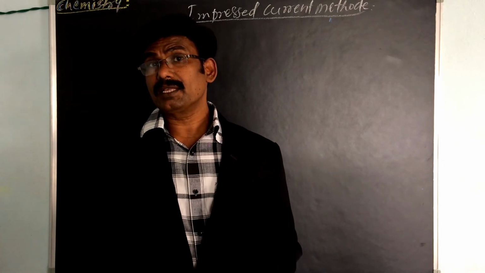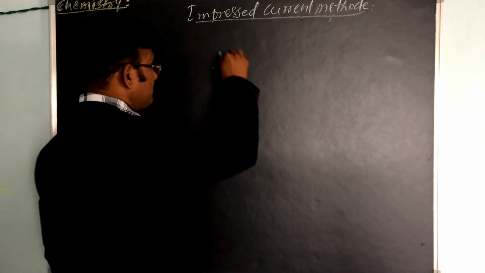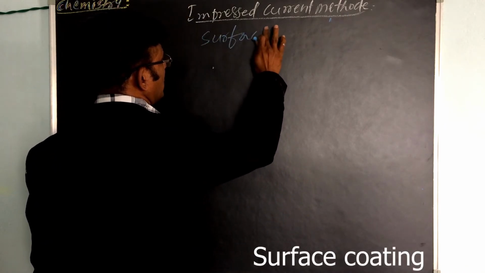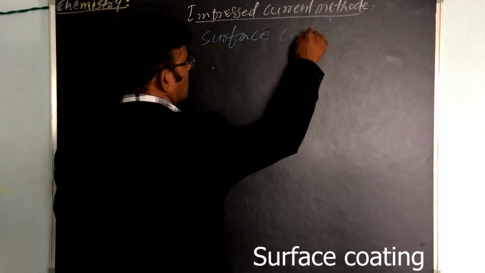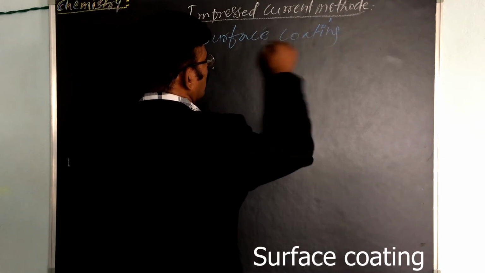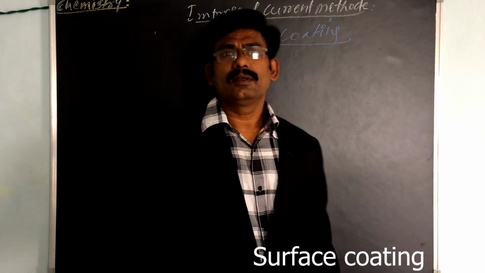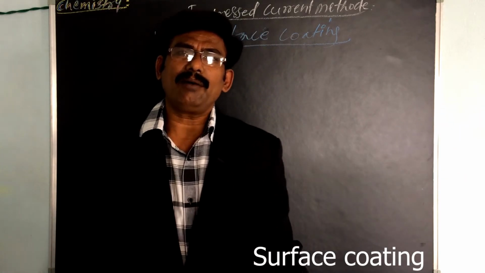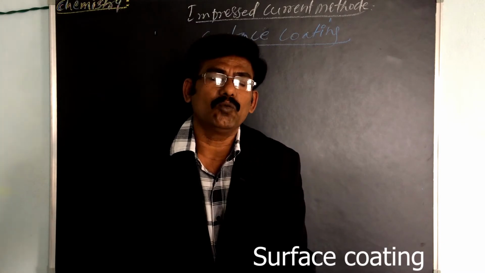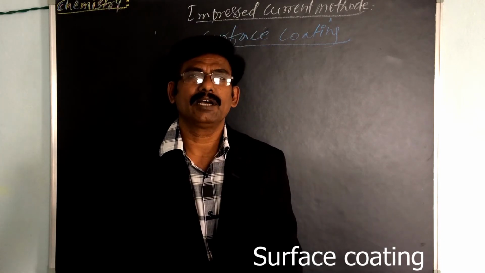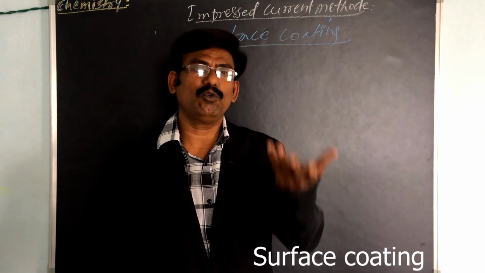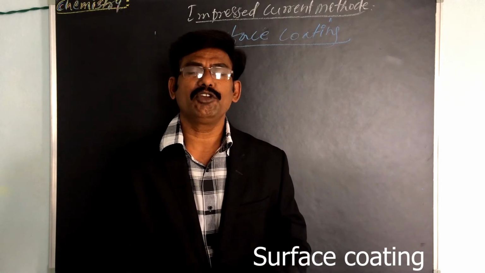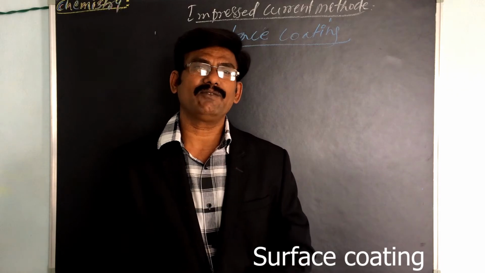Next, surface coatings. Surface coating is the common and oldest method of protection of a metal. Can you give me one example of a surface coating?